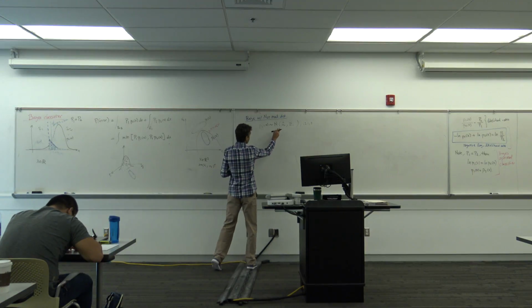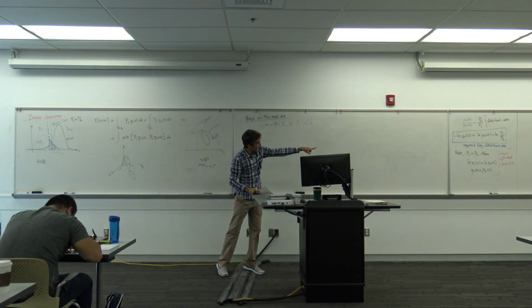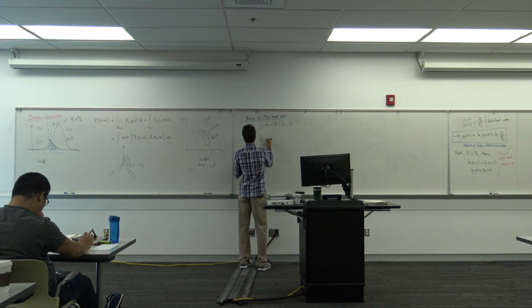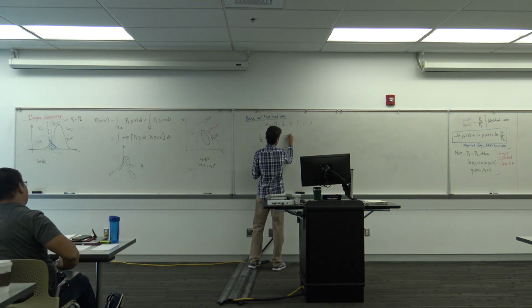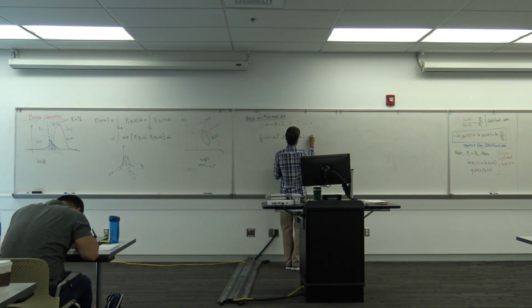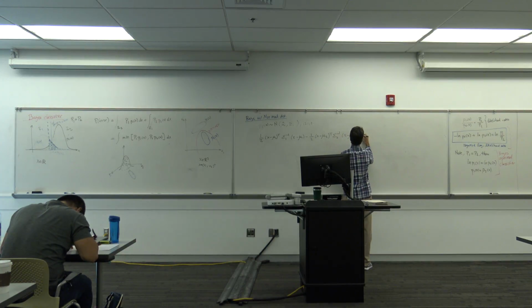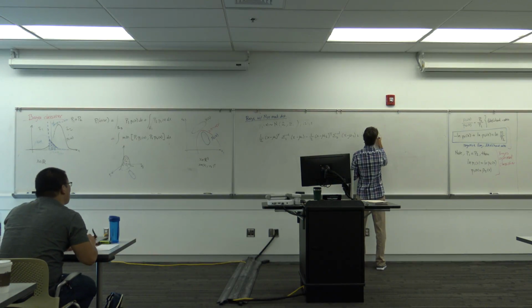Now, if I input the normal distribution into my classifier, where is it? Up there, right? Then I get 1/2 (x minus mu1) transpose sigma1 inverse (x minus mu1), minus 1/2 (x minus mu2) transpose sigma2 inverse (x minus mu2), plus 1/2 the log of sigma1 over sigma2.